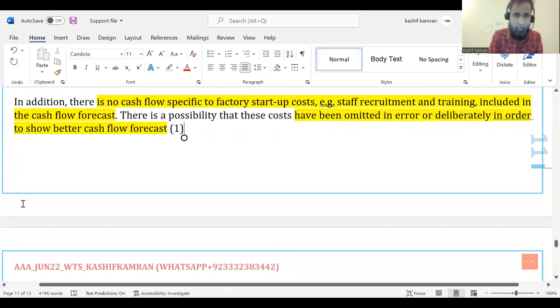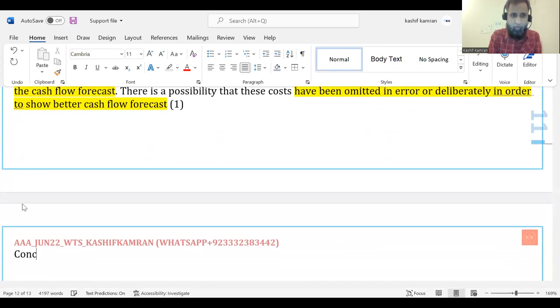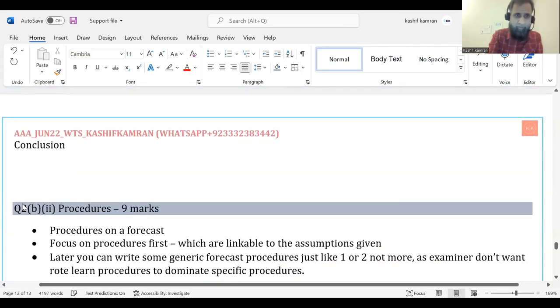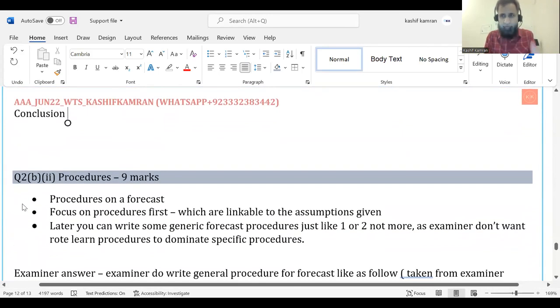So I will give my conclusion here. Conclusion after the 2B, right? So my conclusion will be above the procedures.